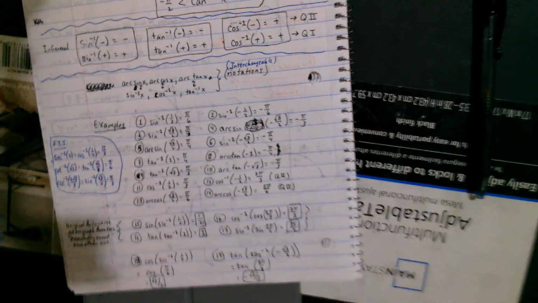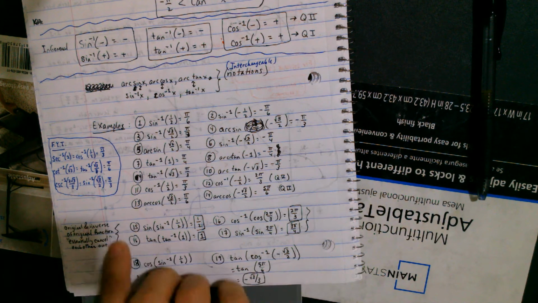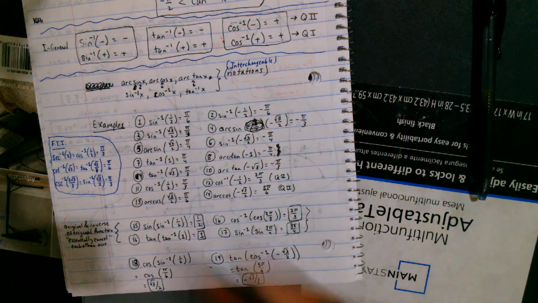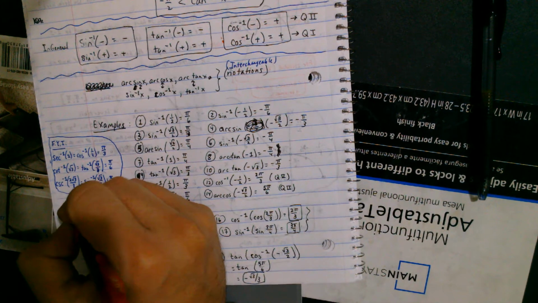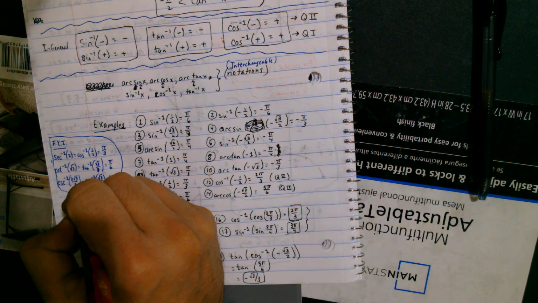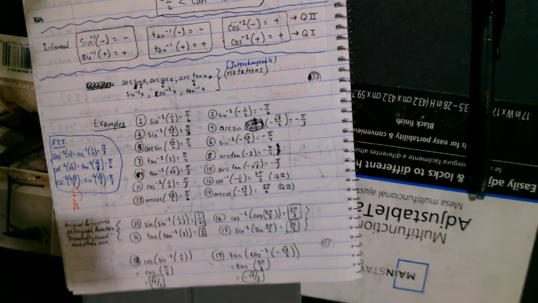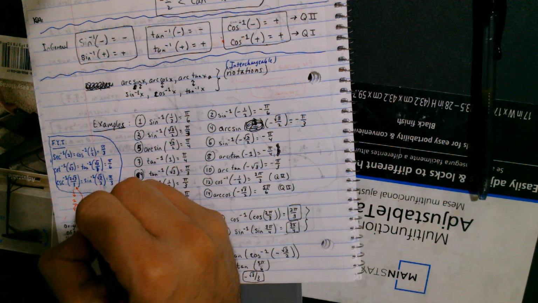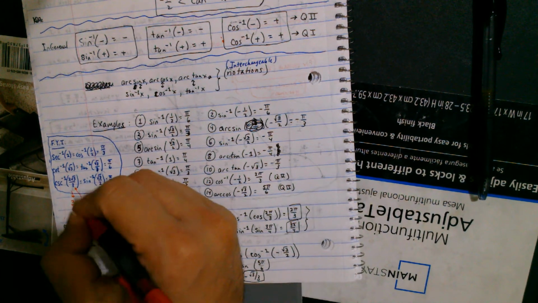Now, the next one is a cosecant inverse of 2 square root of 3 over 3. Now, remember, this, before we fixed it, was 2 over the square root of 3. And then it was fixed to look like that. This was the before picture, before you rationalize it.